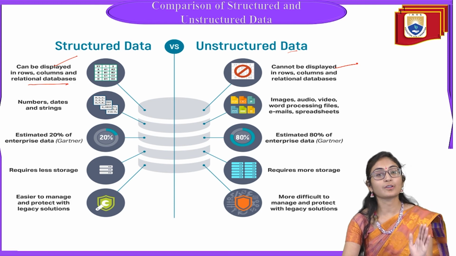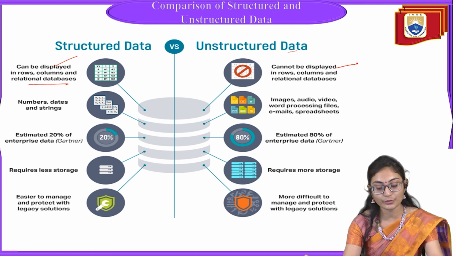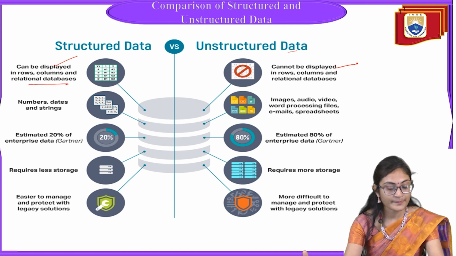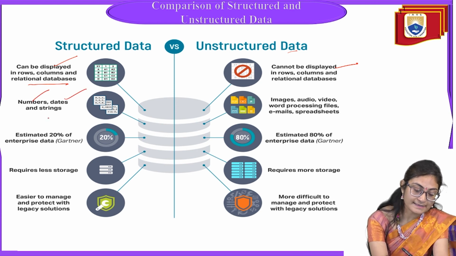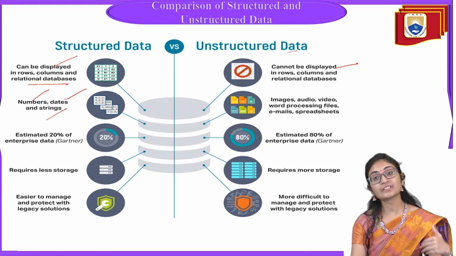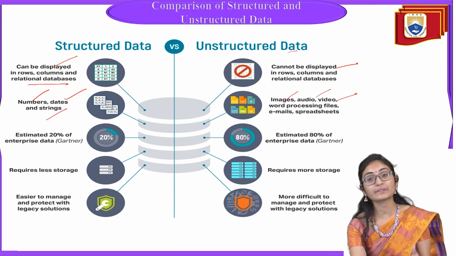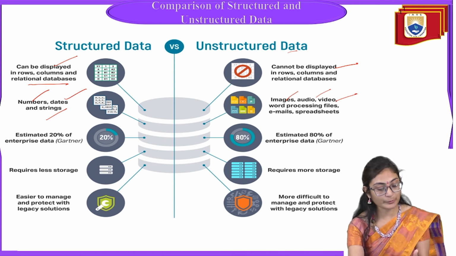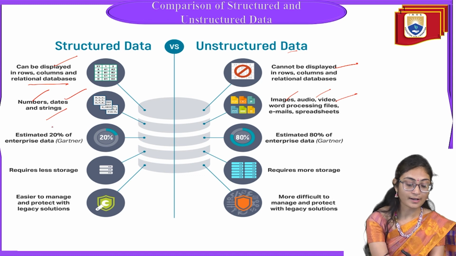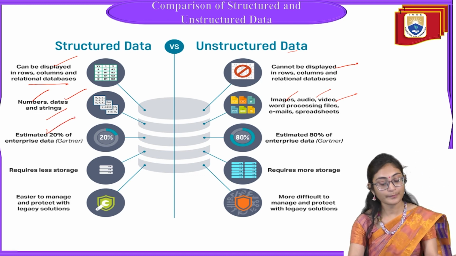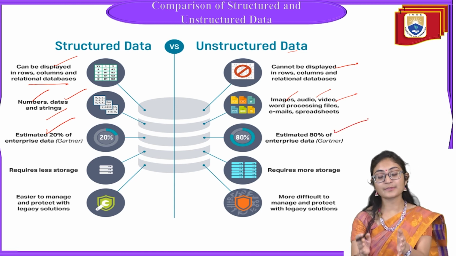Structured data will always be saved in the form of rows and columns, but unstructured data we can't store in the form of rows and columns. Structured data can contain numbers, dates and strings, but unstructured data can contain images, audio, video, word processing files, emails, spreadsheets.